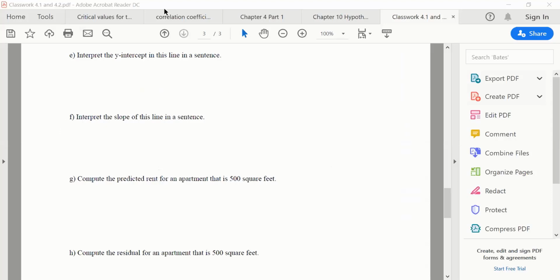So the way I write this is the slope is 2.53 over 1, and that's the change in y over the change in x. And y in this case was the rent, and x was the square footage.